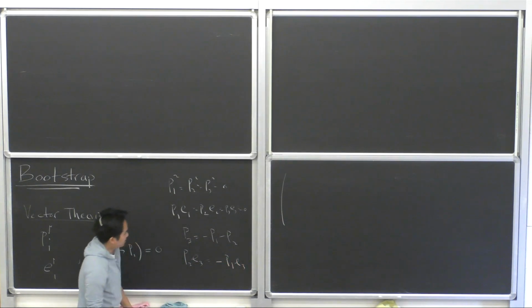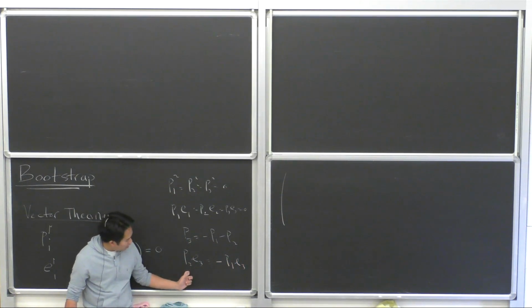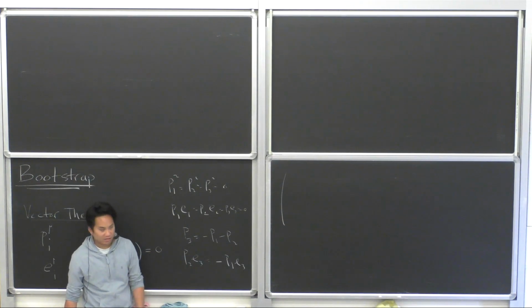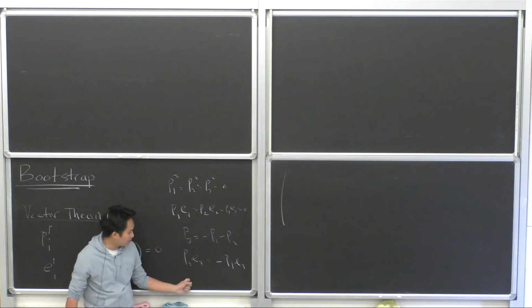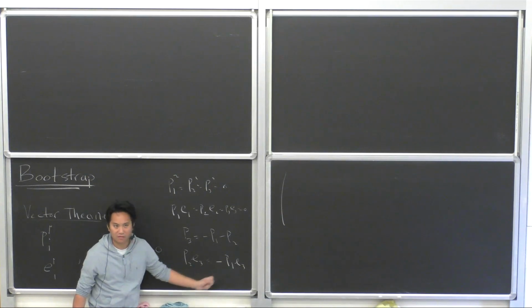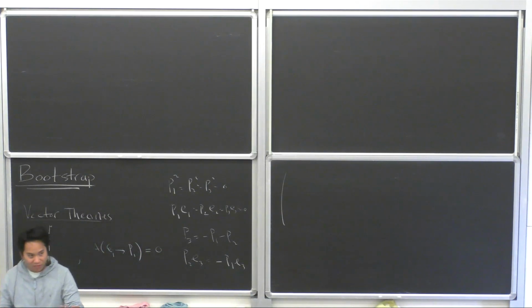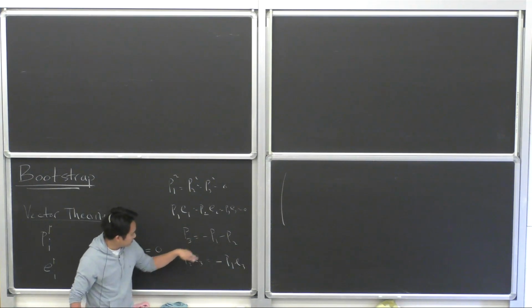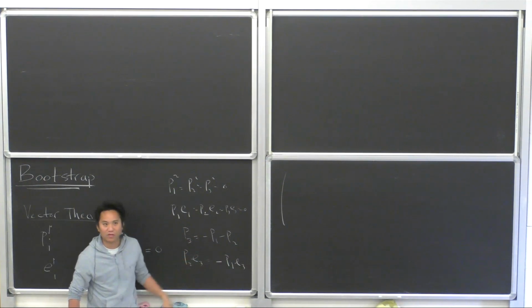The reason for this is that p1 plus p2 is minus p3, and p3.e3 is 0. So I can relate these. These are not independent. The idea here is write down every possible dot product, and then remove everything that can be eliminated with equations like this.